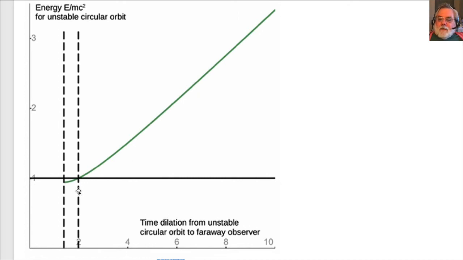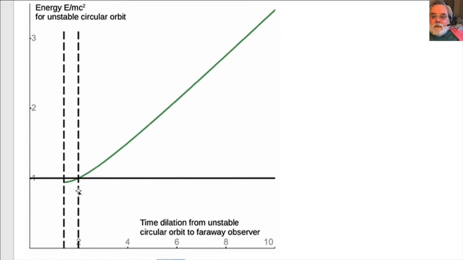So it's at least in principle energetically easy for a spaceship that came initially at rest far away to enter this unstable orbit without a big energy correction, and we get a time dilation factor of 2. But a time dilation factor of 2 is not good enough for a science fiction portal to the future.